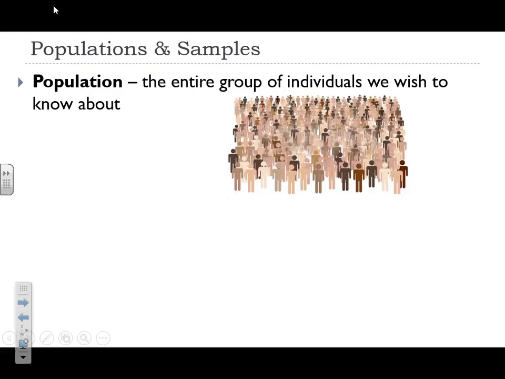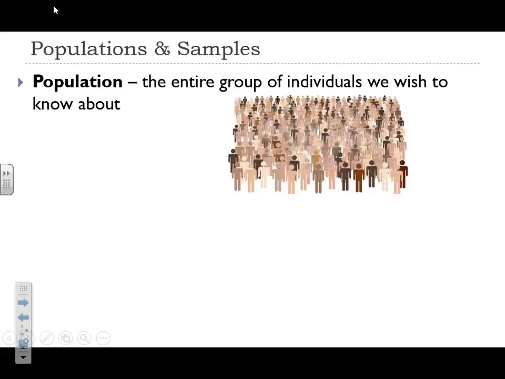Okay? Now, populations can be very large, can be very small. So a population, we could be interested in how all U.S. adults respond to a given question, or how they feel about a certain topic. That's a pretty large population. We could be interested just in something to do with the AP Stat students in Papillion La Vista High School.